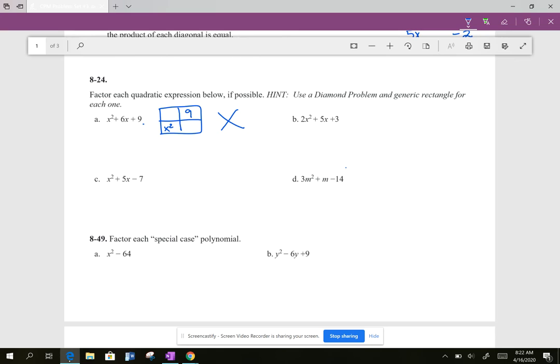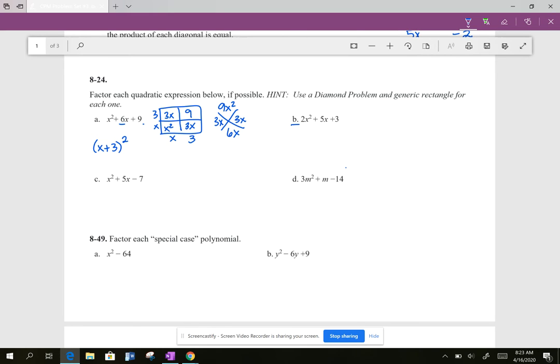Multiply these two to get the top of your diamond. X squared times 9 is 9x squared. The x term goes on the bottom. What multiplies to 9x squared and adds to 6x? That would be 3x and 3x. So you can rewrite this as x plus 3 times x plus 3, or just x plus 3 squared.